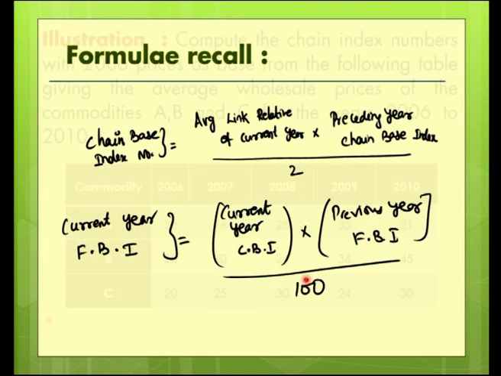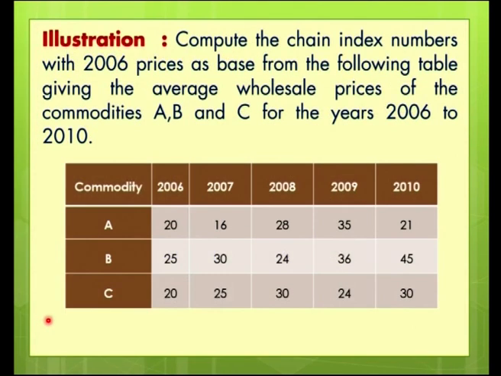So, current year fixed base index is equal to current year chain based index into previous year fixed base index divided by 100. Now, this is an example of how chain based index numbers are calculated with one year as base year. Compute the chain based index numbers with 2006 prices as base, that is, the year 2006 has been given as the base year, from the following table giving the average wholesale prices of the commodities A, B and C for the years from 2006 to 2010.